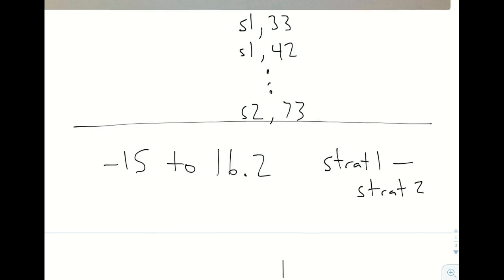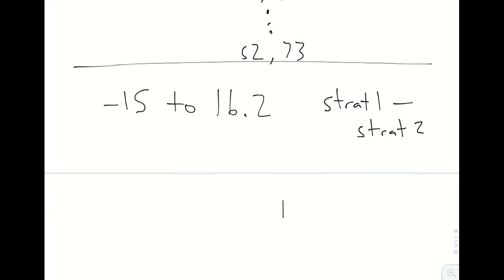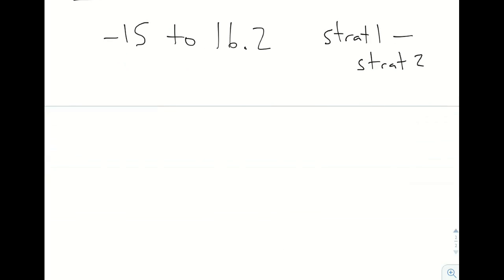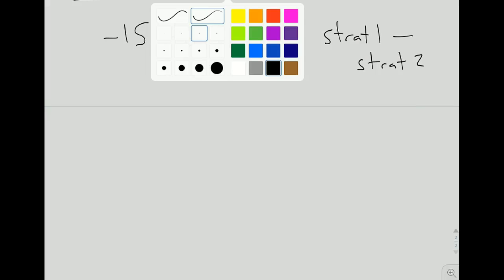So that's what's being represented with that data there. The interval of the difference is always saying how different is the average score of strategy 1 minus the average score of strategy 2. And the reason that we have an interval is because we're not sure exactly what that difference is, but we are some amount confident.